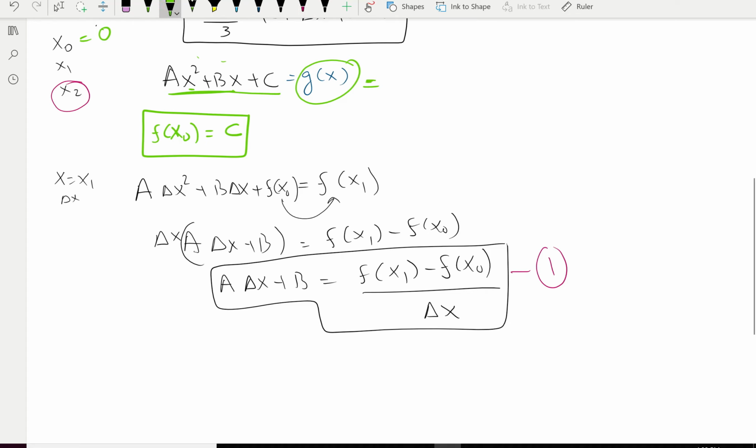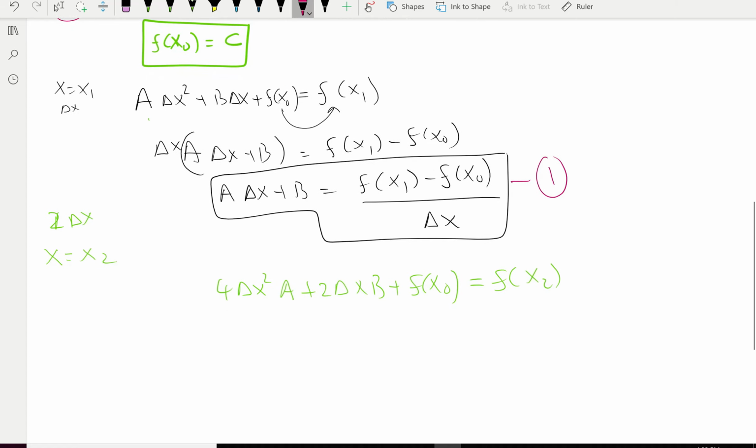Let's use x2. When x is equal to x2, the function value is going to be what? f(x2), and x2 is actually 2Δx, so let's substitute 2Δx here. So it's going to be 4Δx² a, because if you substitute 2Δx here, it's going to be 4Δx² a plus 2Δx b plus this is f(x0), right?